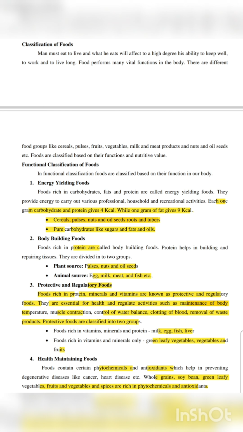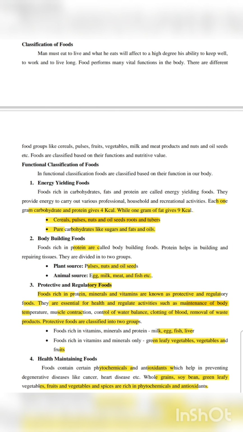We all are using garlic, ginger, cumin seeds, different spices in our kitchen that contain antioxidants that are helping in maintaining our health, right? We'll study the topic of phytochemicals and antioxidants in detail because that is important from our point of exam. But right now we need to have general information about the phytochemicals and antioxidants.